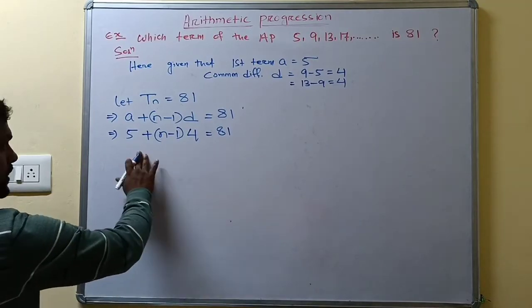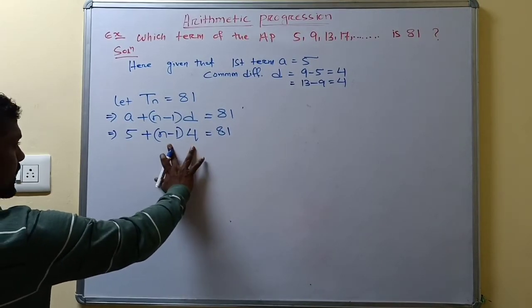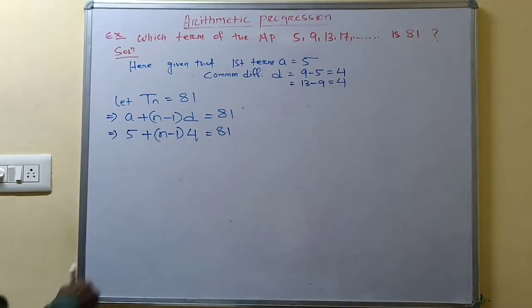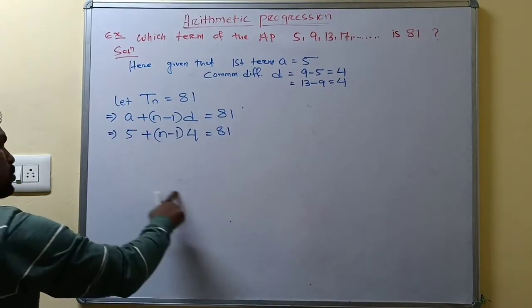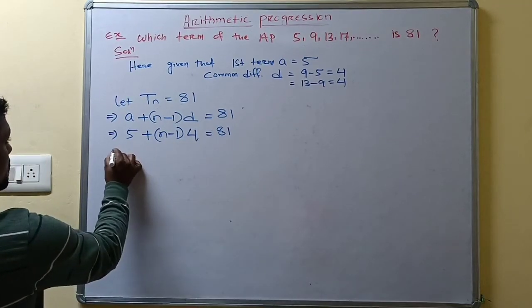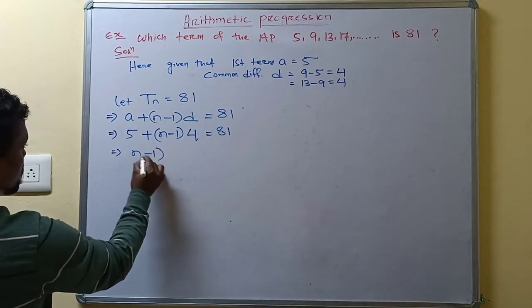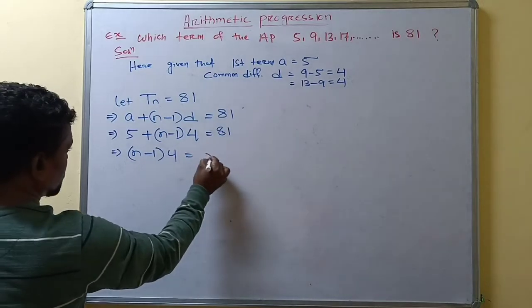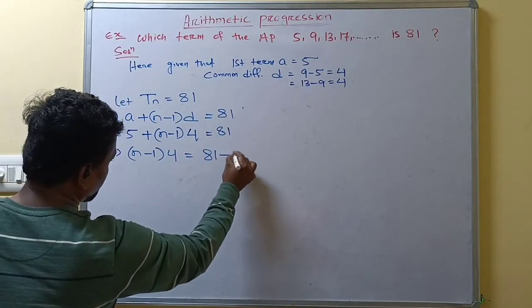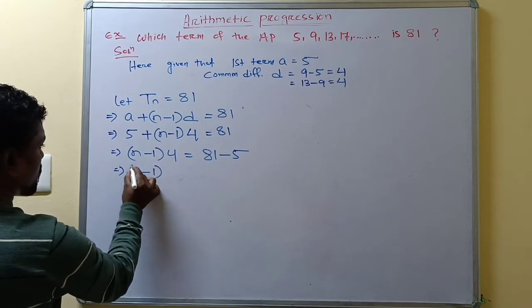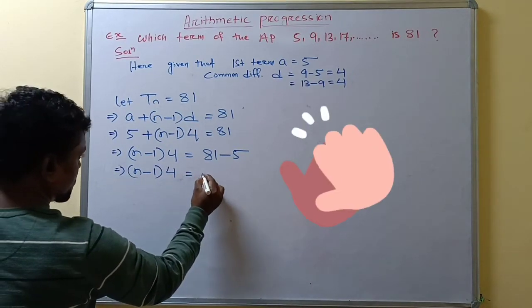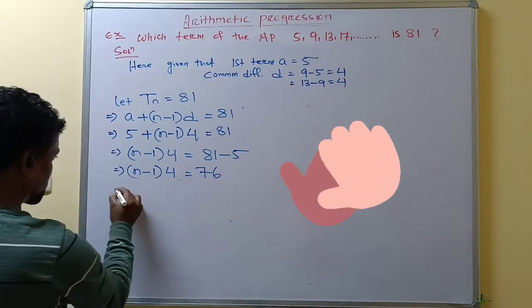There are two terms here, one is 5 and another is (n minus 1) into 4. This 5 added with this term, when it goes to the other side, it will become how much? (n minus 1) into 4 is equal to 81 minus 5. Then it will become (n minus 1) into 4 is equal to 76.